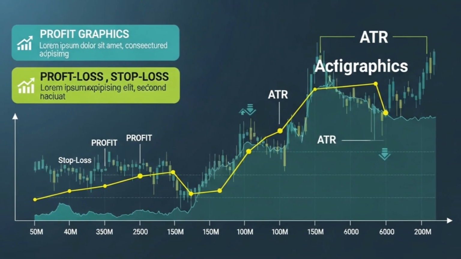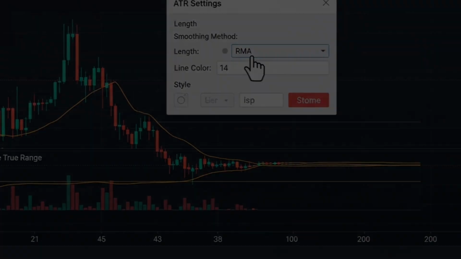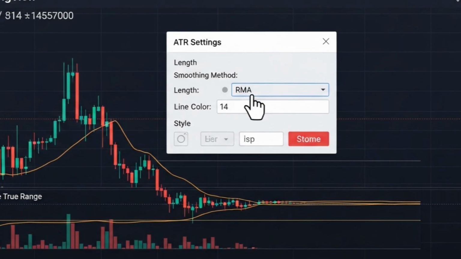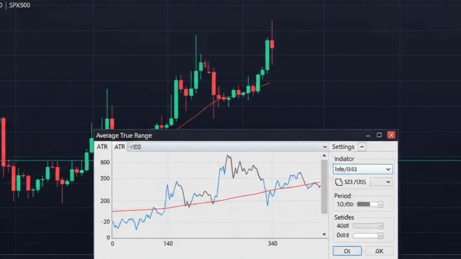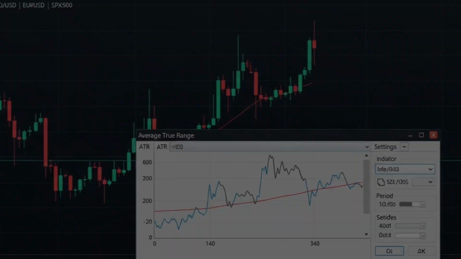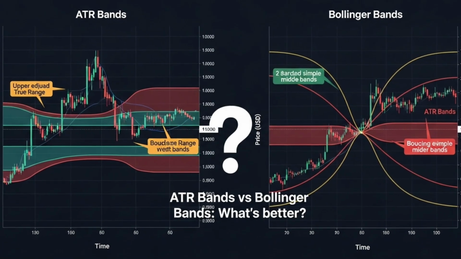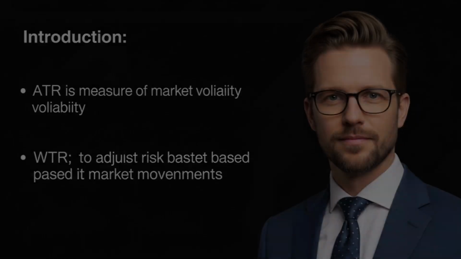For example, setting a stop loss at 1.5 multiplied ATR below the entry point allows room for natural market noise without compromising risk management. Similarly, take profit levels can also be based on ATR multiples, creating logical, math-based trade management systems that reduce emotion and guesswork.